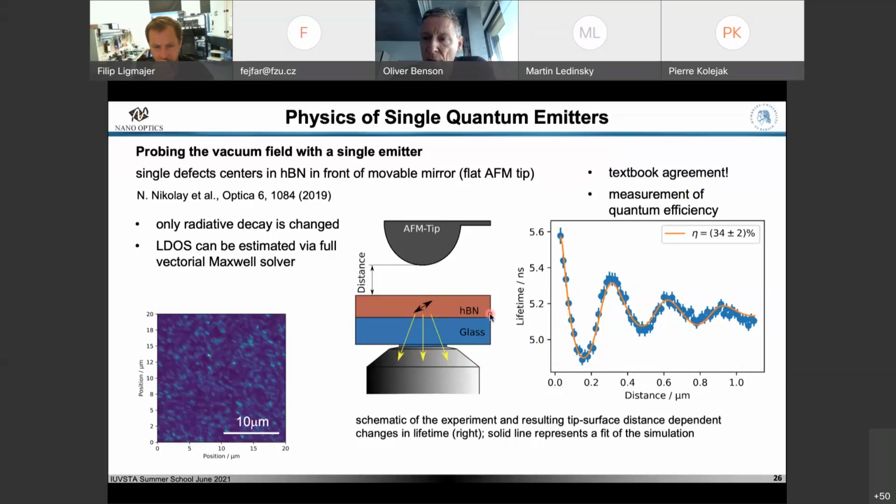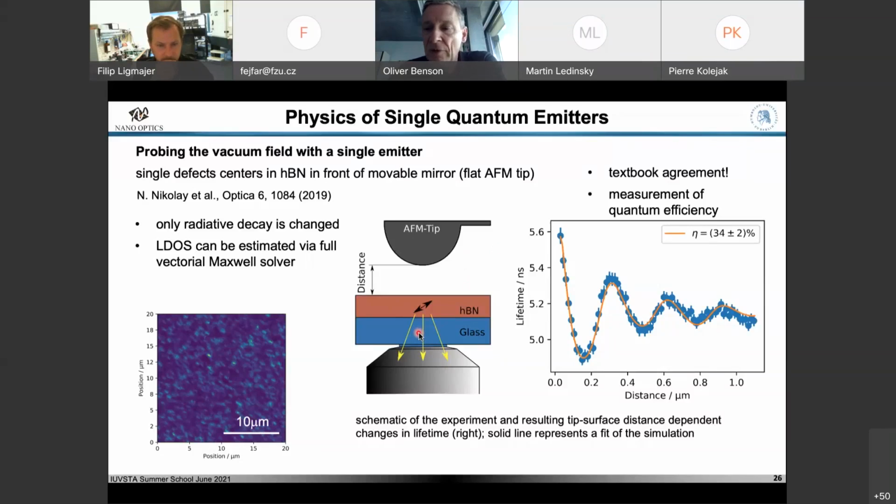So this, again, is maybe a fundamental effect, but you can also use this for something. You can use this to measure the quantum efficiency of the emitter. Why is that? The reason is because the only thing that you change here is the spontaneous radiative lifetime. And what you can measure in the experiment is the lifetime of the excited state.